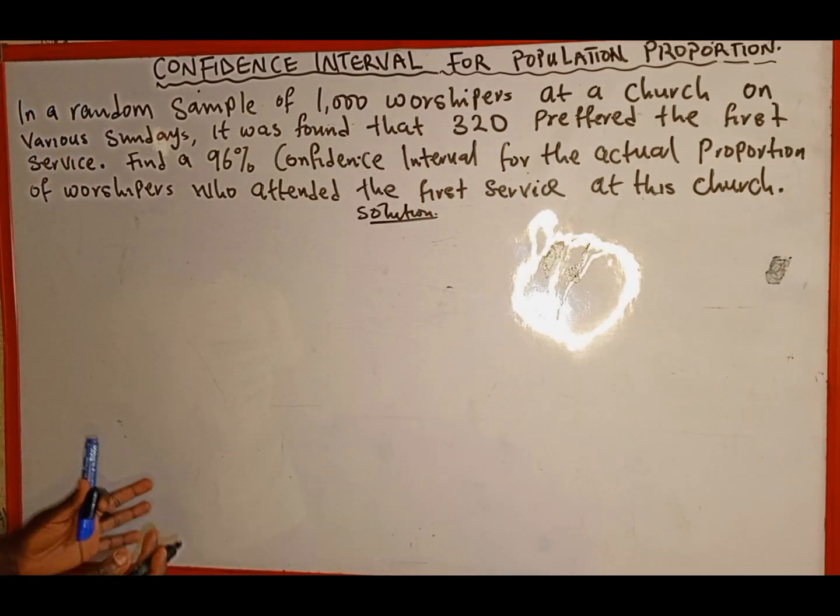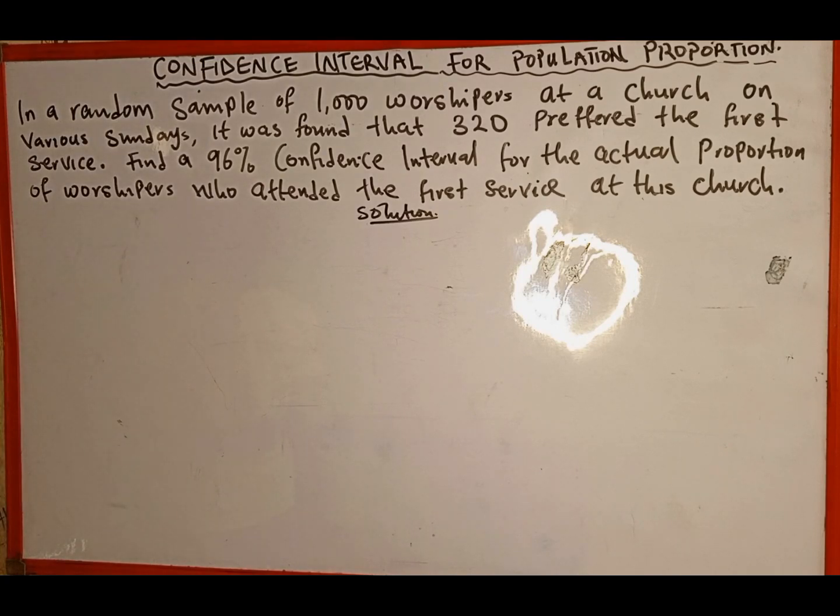The first thing we are going to do is write the formula used to calculate the 96% confidence interval for population proportion.